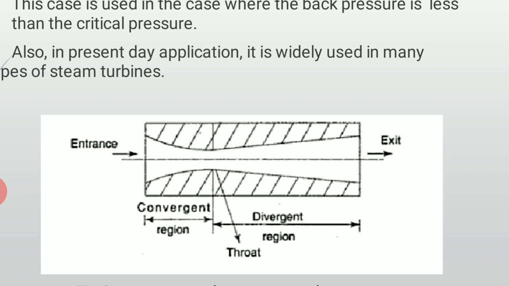P2 by P1 is equal to what, that is the relation we are going to find, and it represents the critical pressure ratio. What is the maximum pressure? We need to find that ratio, and we are going to discuss it in the next class.